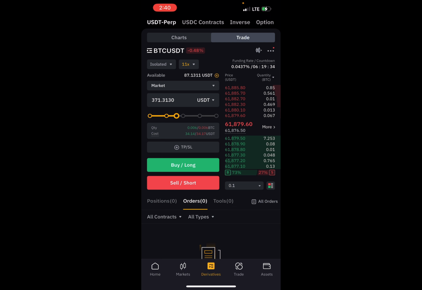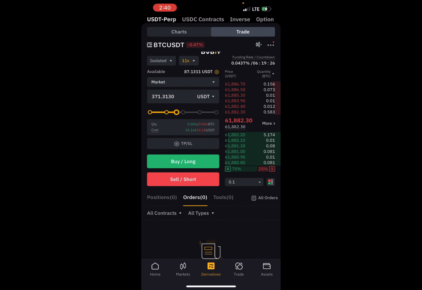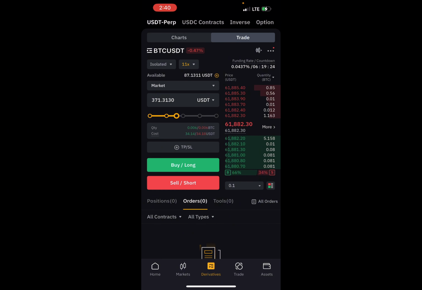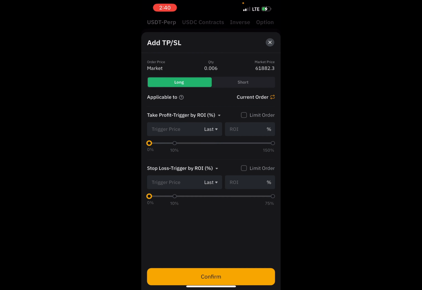We explained about buy/long, we explained about sell/short. Okay, so that is all about it. And then here we are going to enter a trade. As you can see, the BTC is going down, so now we're going to enter a sell/short trade. So we're going to raise about $34, and then let me see.